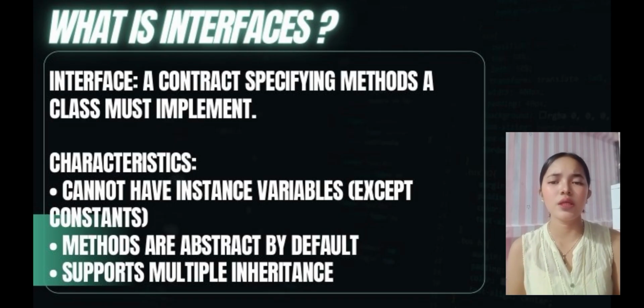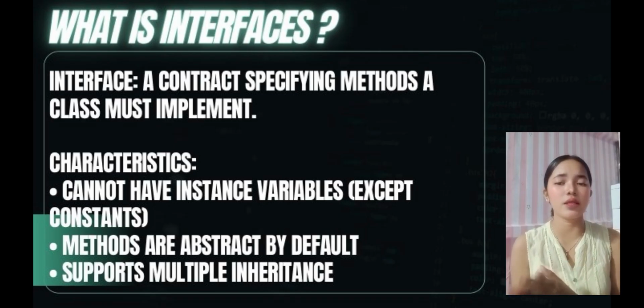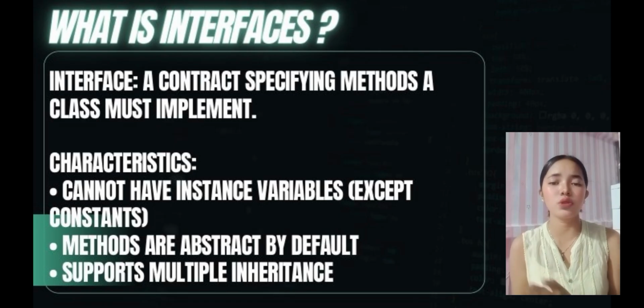So think of it as a promise that says any class that signs this contract must write its own version of these methods. Characteristics of an interface: it cannot have instance variables except constants. Methods are abstract by default, with no code inside. It also supports multiple inheritance. One class can implement many interfaces.